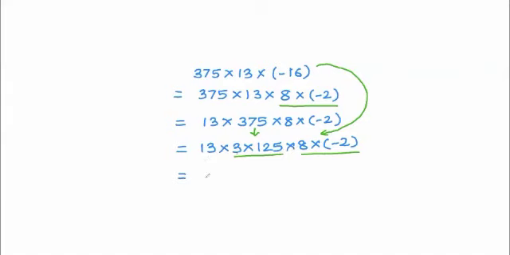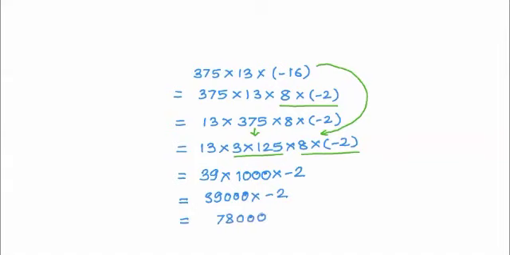So 13 threes are 39, into 125 8s are 1000, into minus 2. That gives us 39,000 into minus 2, which is 78,000. And for sign, there is only one negative number, one is odd, so the result is minus. So minus 78,000.